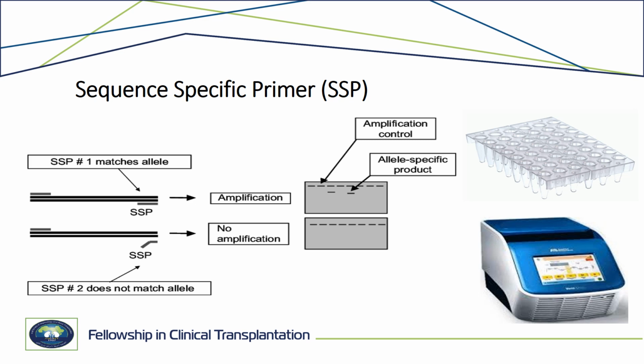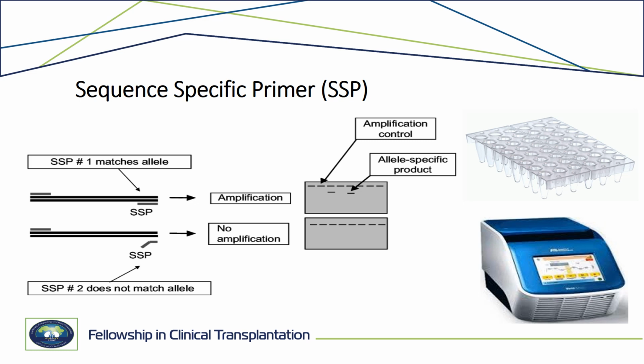Let's say an example. If we look at the first well, it could be A0201. The second well could be A0202, and the third could be A0203, and the fourth could be A0206, and so on and so on.